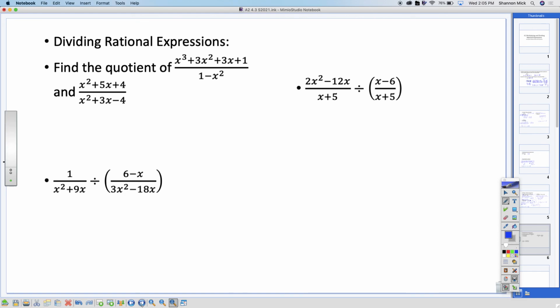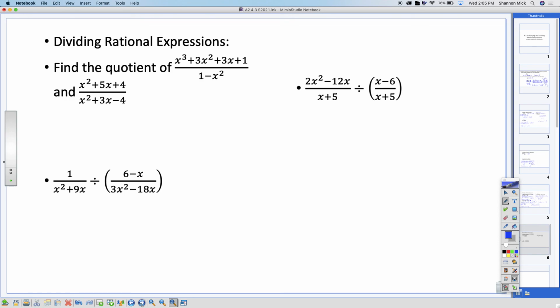The top one is going to be a chore to factor, I will tell you that. Which one are we getting then? We'll go down.